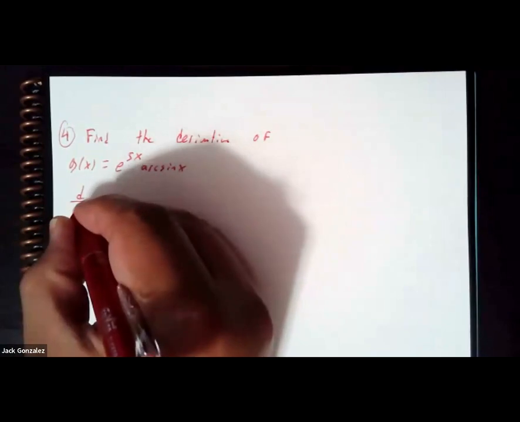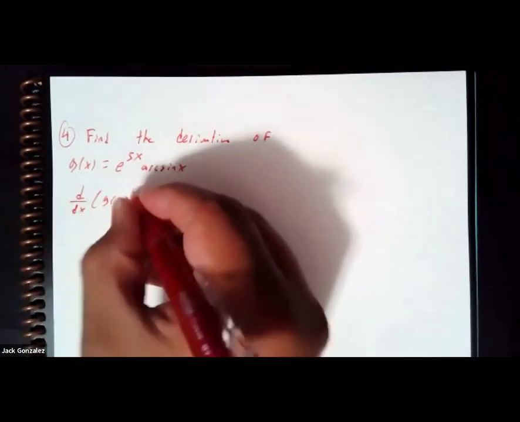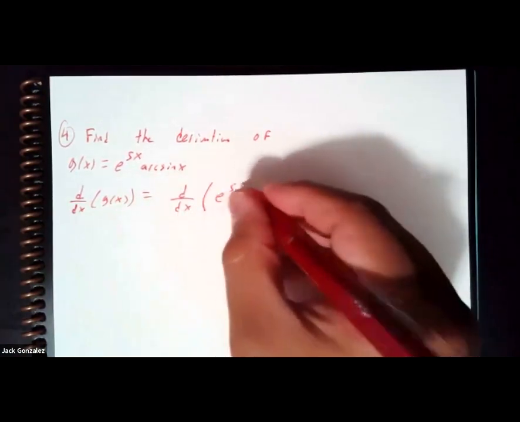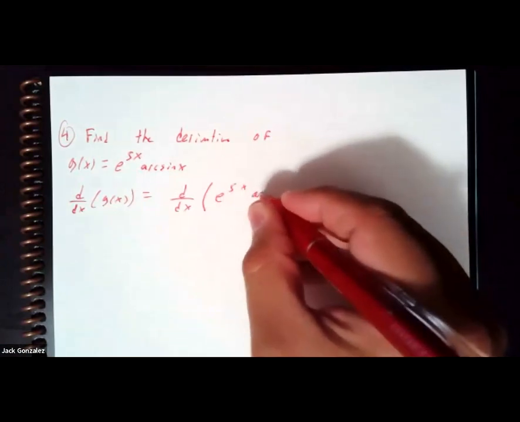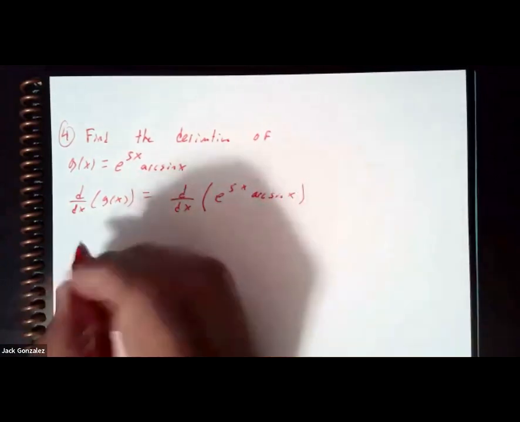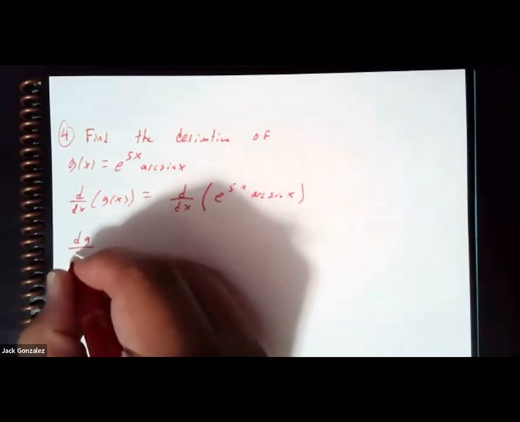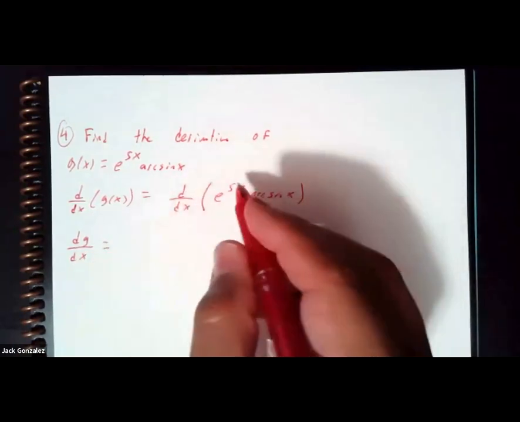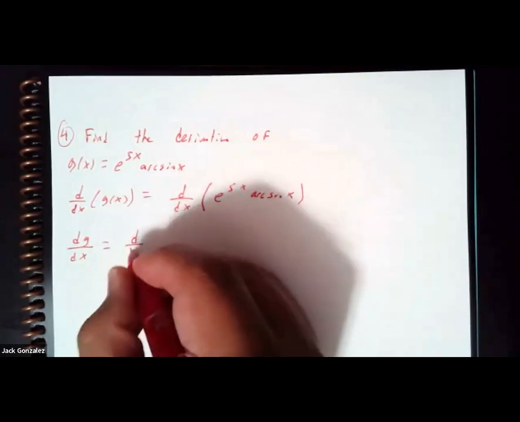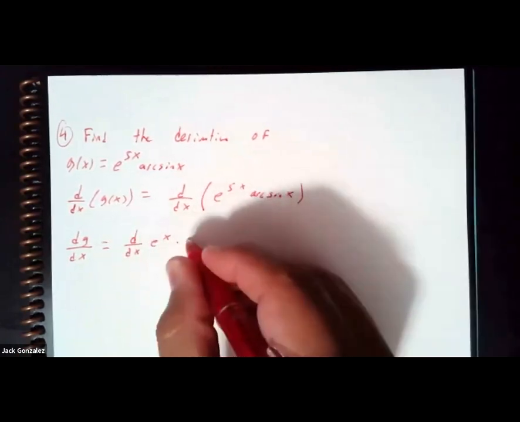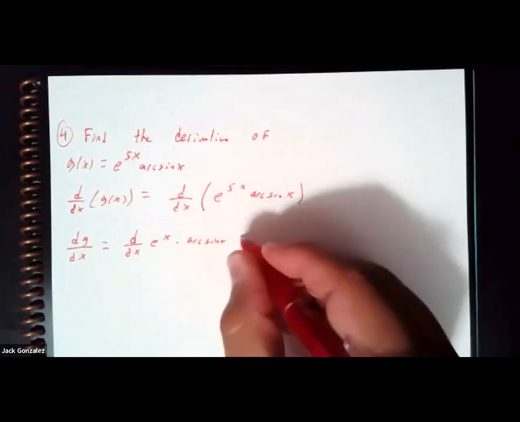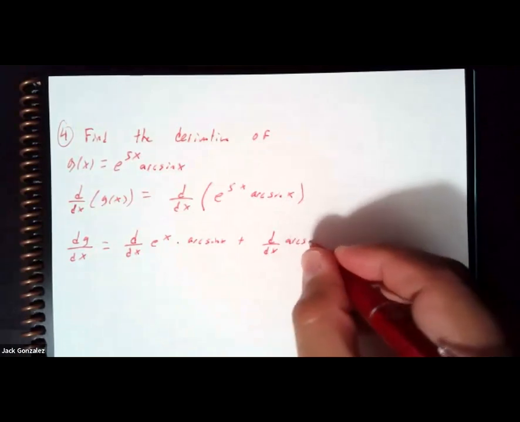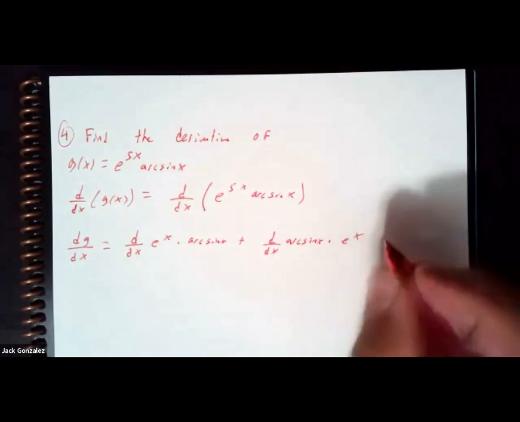So I'm going to stick with the Leibniz notation since we've been using it a lot. Derivative of both sides, that would be e to the 5x times the derivative of arc sine x. Okay. So this just becomes dg dx or g prime, right? This is a product rule, so the formula says derivative of the first piece times the second piece plus the derivative of the second piece times the first.